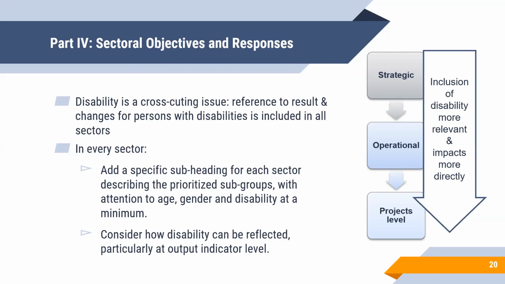It's not related to one cluster or one sector. It's related to all clusters and all sectors. And every sector should include disability in its humanitarian needs review, and later on, as Ricardo was saying, in its planning, sectoral strategy and goals at strategic and operational level, and even at project level.